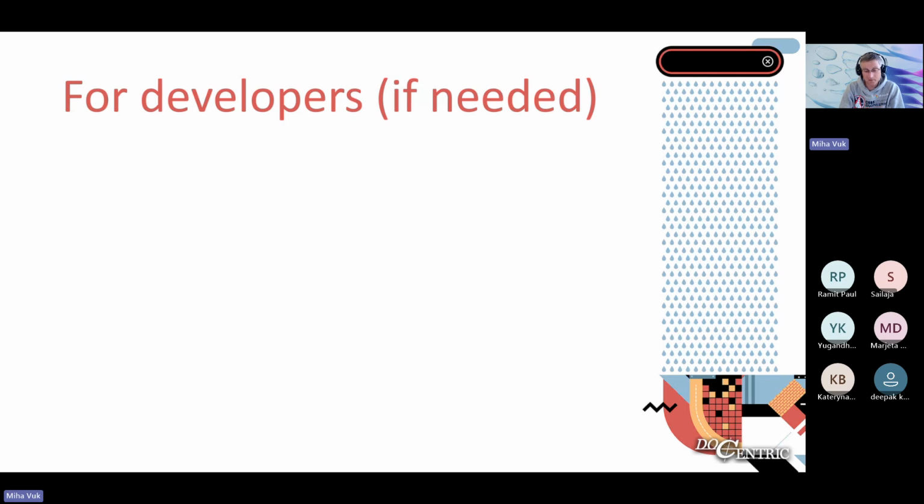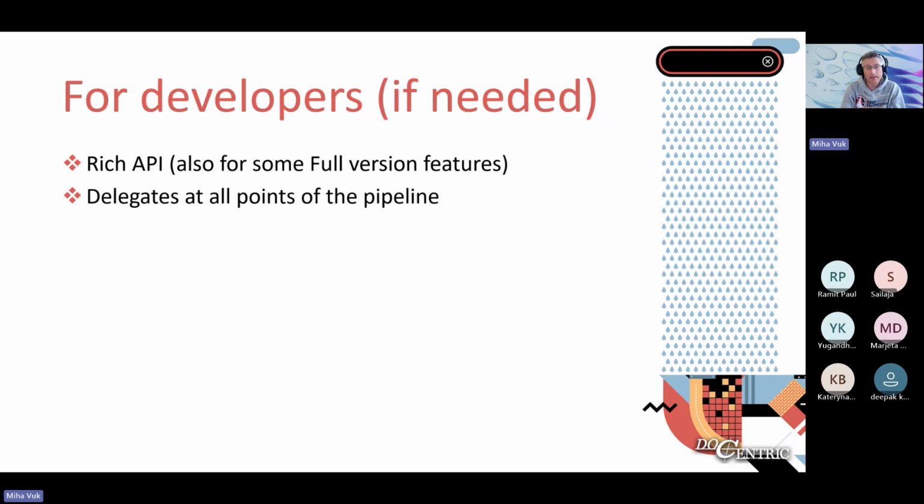And developers are first-class citizens with our product, and we do provide a rich API, also covering some features of our full version with the free. And we also provide delegates at all points in the pipeline, so you can inject your code and do whatever business logic you need.